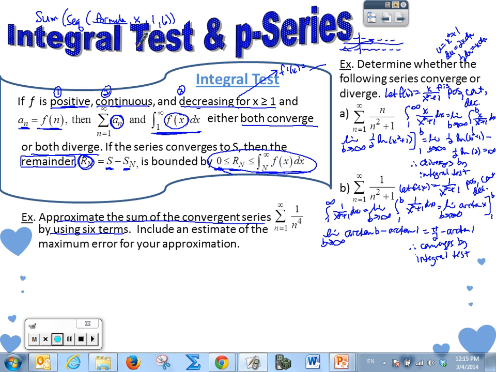What we really are doing, which you practiced on your homework, is writing out the first 6 terms and adding them together. I'm going to do that. This would be S of 6. You do not have to write out the terms unless it asks you to. You could just go straight to the decimal. But I'm going to go ahead and write them out.